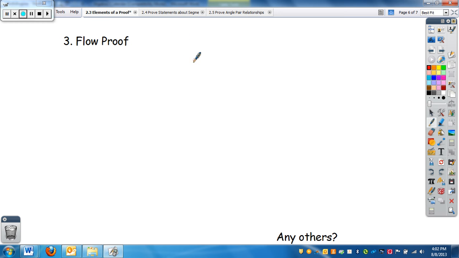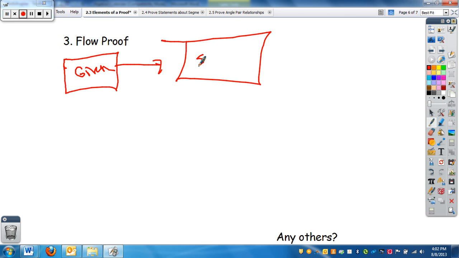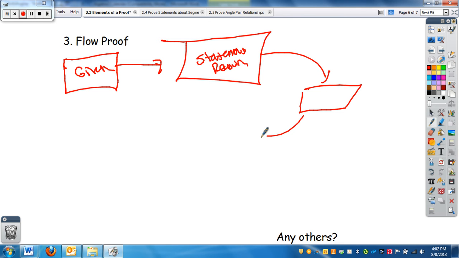And the last one, most common proof, is a flow proof. A flow proof is kind of just like a diagram. You start with your given, and you can draw arrows, and you have a statement, and then you put the reason in there. Because of that statement, you know this statement, which gives you your reason, and then you know that.